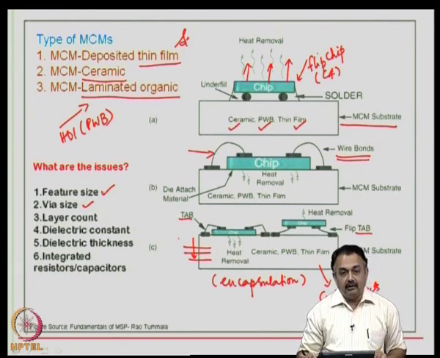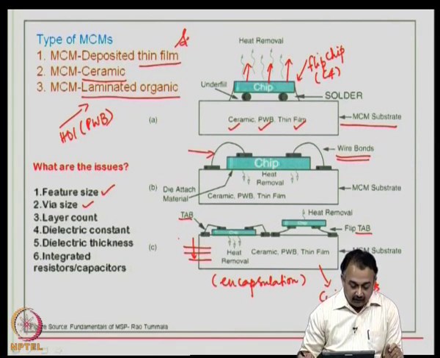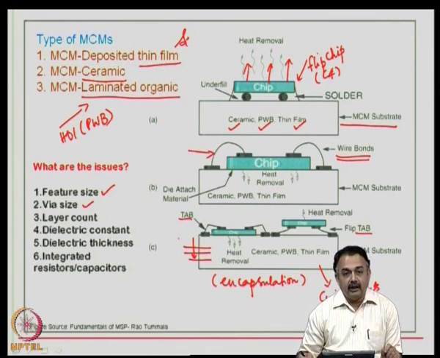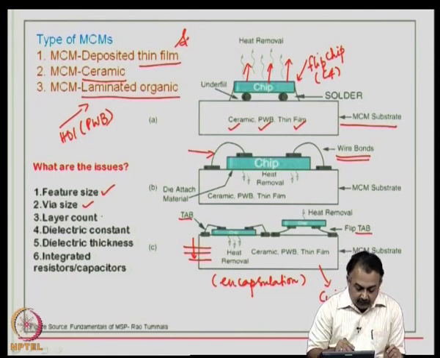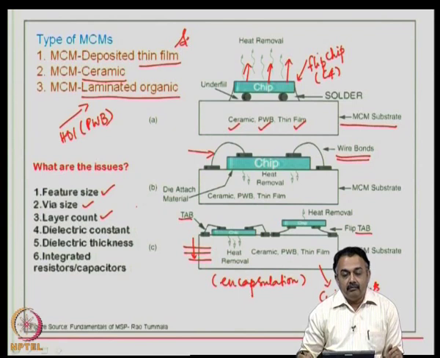So, the design of multi-chip module has to take care of lower line widths, smaller via sizes. The layer count typically can vary from 2 to 12 or 18 or 24 layer multi-chip module structures.